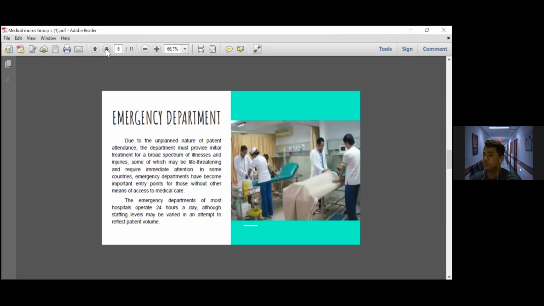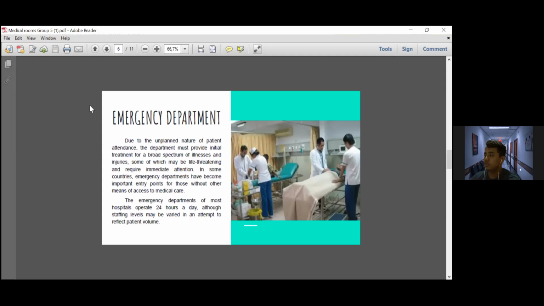Due to the unplanned nature of patient attendance, the department must provide initial treatment for a broad spectrum of illnesses and injuries, some of which may be life-threatening and require immediate attention.